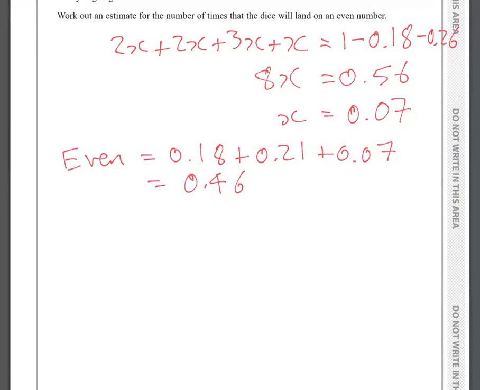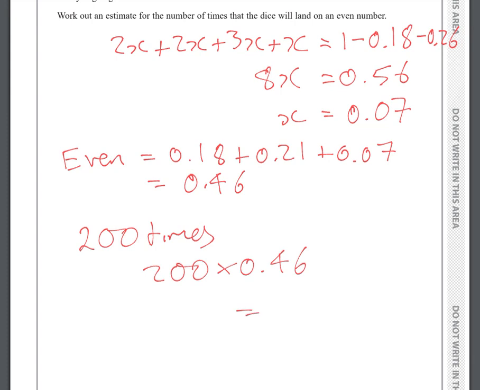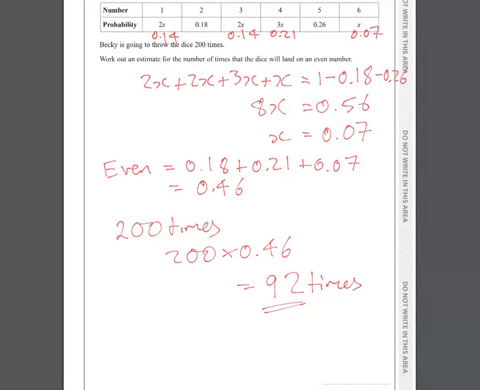And you're trying to roll it 200 times. That's 200 times 0.46, which is 92 times. That's what we would expect.